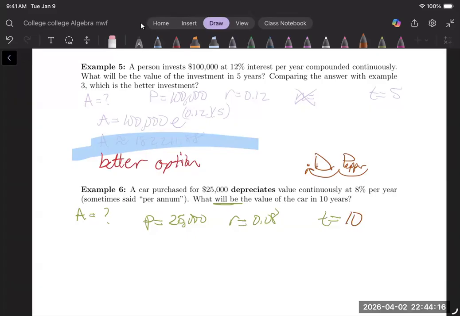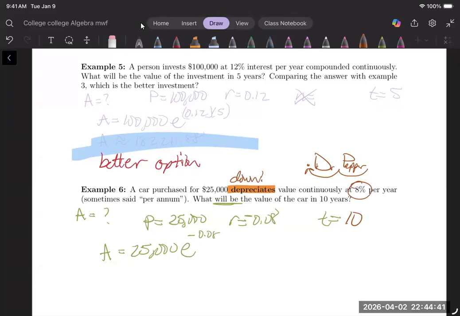So A is equal to 25,000 times e to the, now here's the kicker, negative 0.08. I need a negative because I am depreciating, right, to go down.